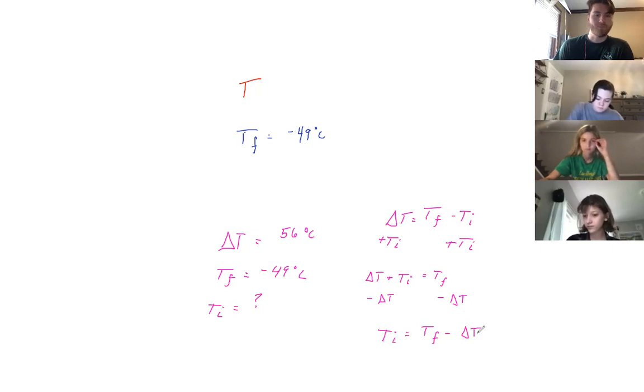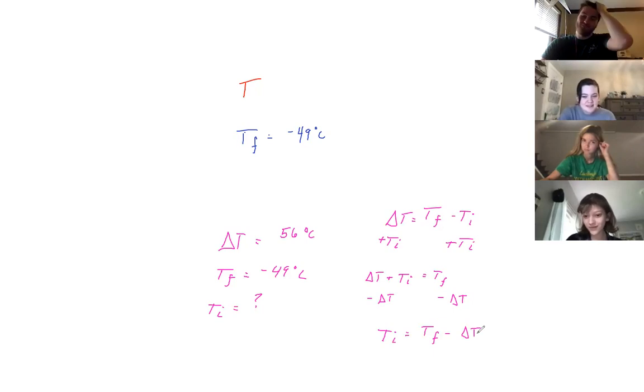Wait, something's funky. Do you see the funkiness here? As we're looking, this is the correct equation, but the problem is my temperature final, which theoretically should more likely be my temperature initial, I wrote as negative 49.